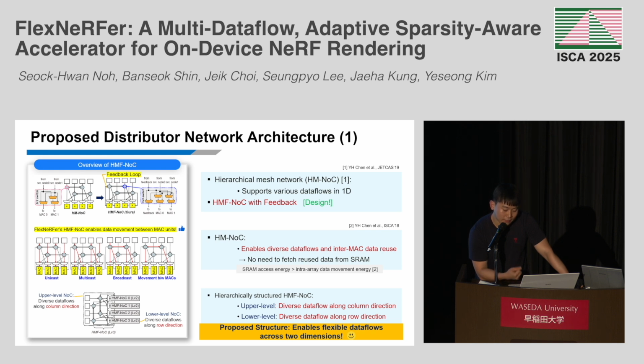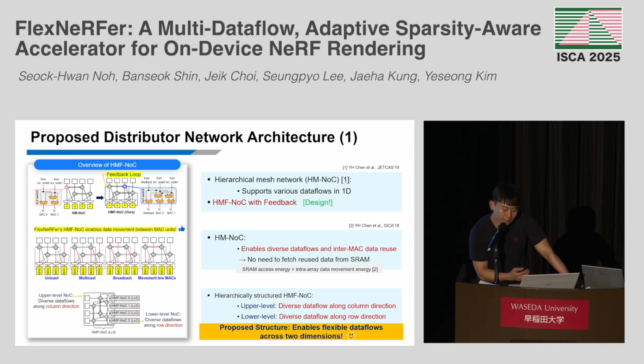However, mesh networks usually support data movement in only one direction, either along rows or columns. But our goal is to support flexible data flows in both directions. So we organized the network in a hierarchical way to support both row and column flows.